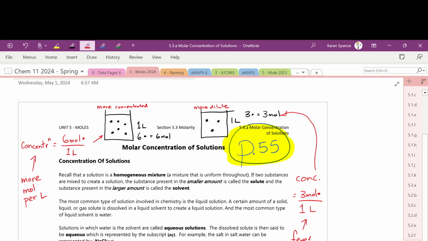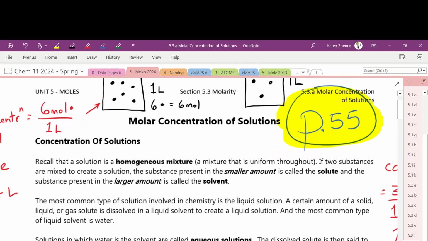So that's what we're talking about here. And then let's just review a little bit of what a solution is. Okay, so a solution is a homogeneous mixture. Do you remember that part? What does it mean to be homogeneous? Look the same. It's all the same throughout. Okay, there's no one area that is different from another area.